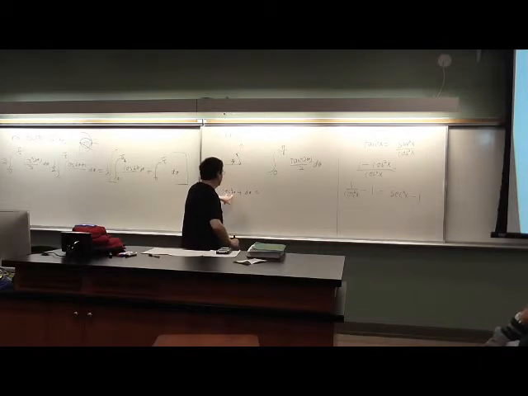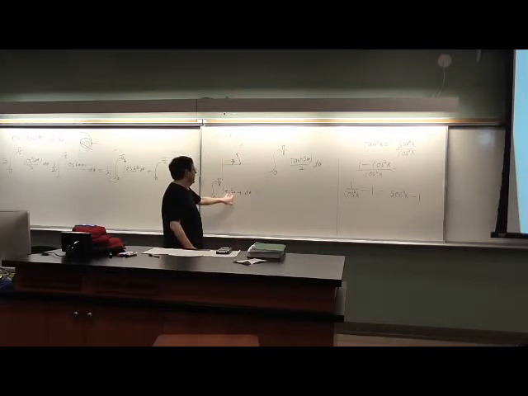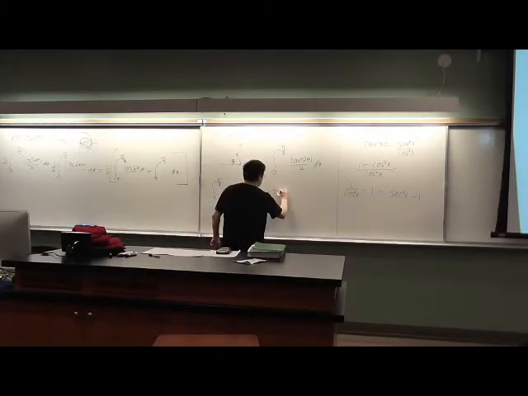Okay, so if the derivative of the tangent is the secant squared, the derivative of the tangent of 2 theta is the secant squared times 2, so we're going to have to divide by 2.